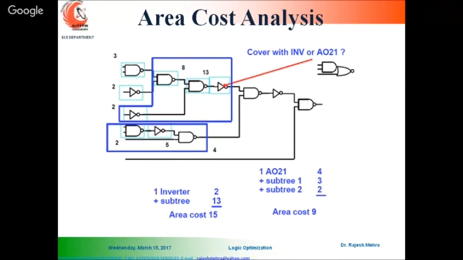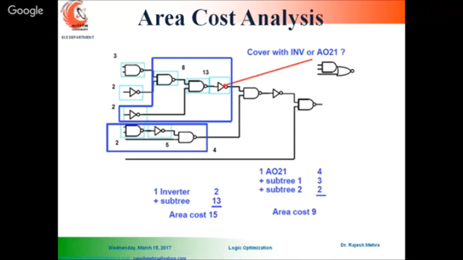But if we replace this architecture with this architecture, then this total will become 4 cost. It is 4, and then what is the subtree? It is 4 plus 3 plus 2, 4, 3, 2, it is 9.